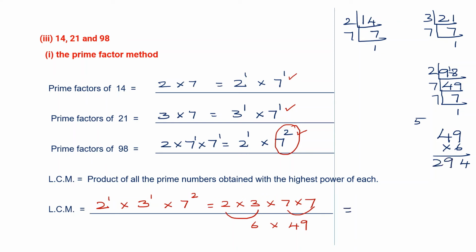So here the answer is 294. So the LCM of 14, 21 and 98 is 294. This is our final answer.